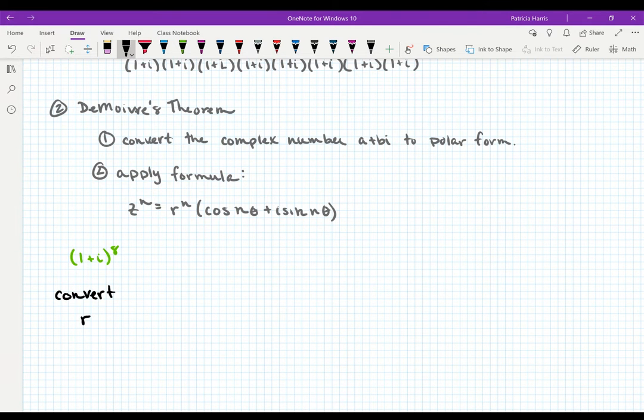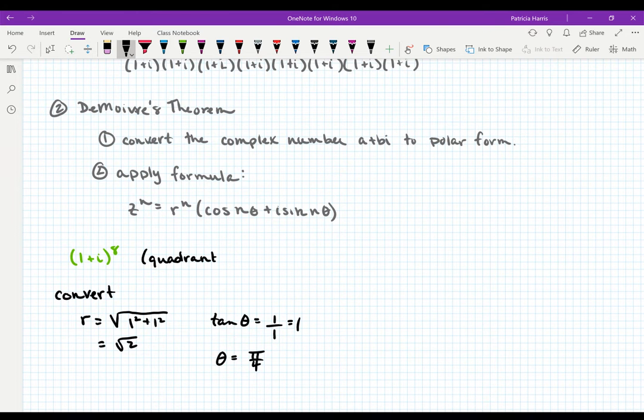Okay, so first I need to convert. So r would be square root 2, theta, and I'm going to do this super fast. So that would be pi over 4 because we are in quadrant 1.